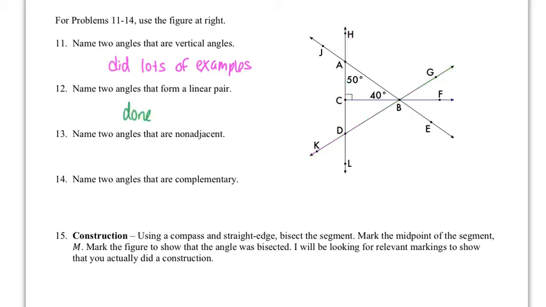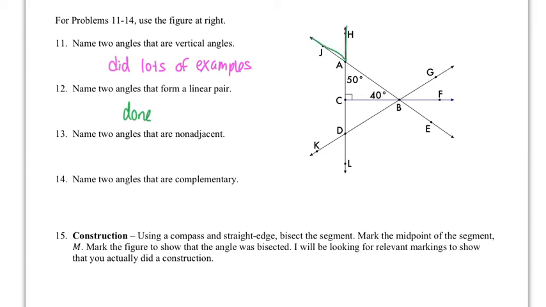All right, 2 angles that are non-adjacent. A lot of you gave me angles that weren't even drawn, like AJH. That angle is not drawn at all, which, okay, you can use it, but do you think that's why it's not adjacent, because it's not drawn? That's not true. Non-adjacent is just any 2 angles that don't share a vertex and a shared side.